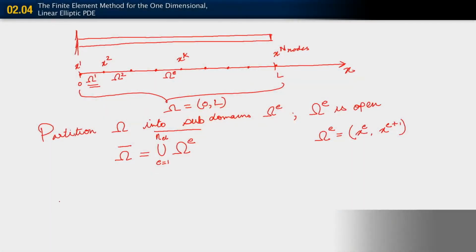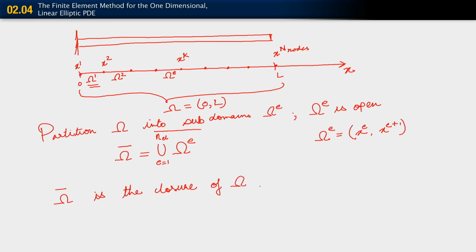This is for purely technical purposes. When it comes to computing, it makes no difference because each of those points is what we call a set of zero measure. Okay, so let me just state the notation here. Omega bar is the closure of omega.